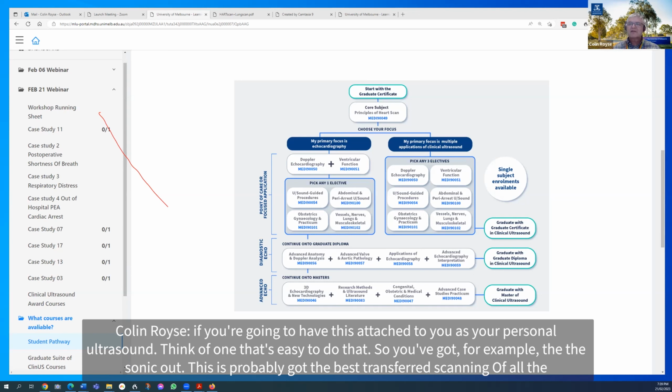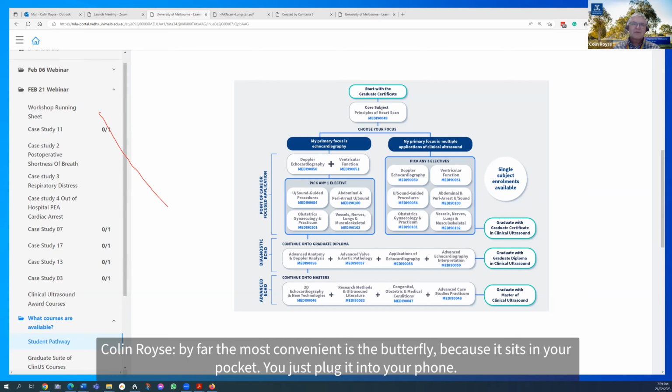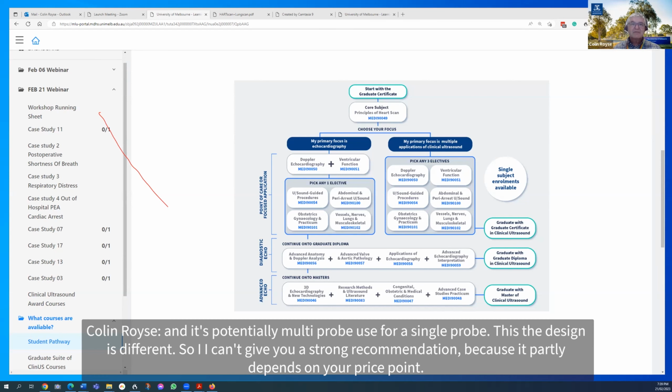So you've got, for example, the Sonosite IVIS, which has probably got the best transthoracic scanning of all the portable ultrasounds. By far the most convenient is the Butterfly because it sits in your pocket. You just plug it into your phone, and it's potentially multi-probe use for a single probe.